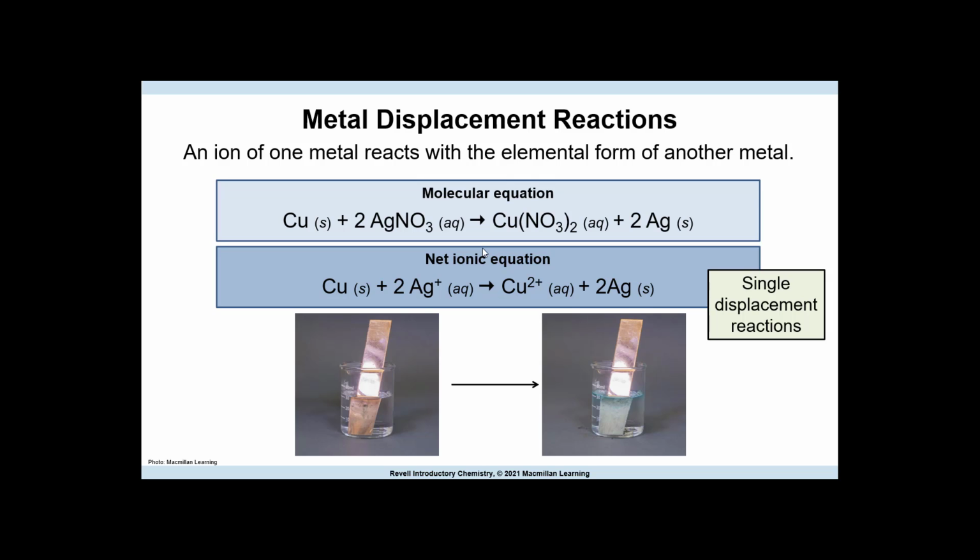We can write a molecular equation for this reaction like this: copper solid plus silver nitrate in aqueous solution produces copper(II) nitrate in aqueous solution, and 2 moles of silver solid. Or we can write a net ionic equation of copper solid plus ions of silver produce ions of copper plus 2 moles of silver solid. These reactions are examples of single displacement reactions. These reactions will be described in more detail in chapter 14.